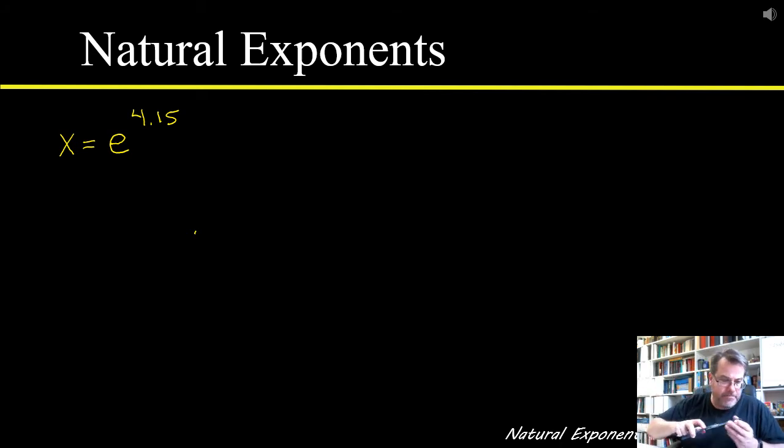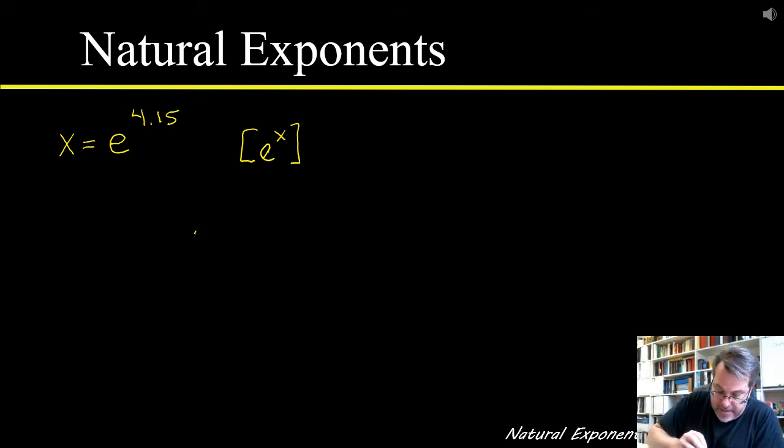Get your calculator, and like I said, you don't need to memorize Euler's number. It's in your calculator, and you have a key in there somewhere that looks like that. All right.